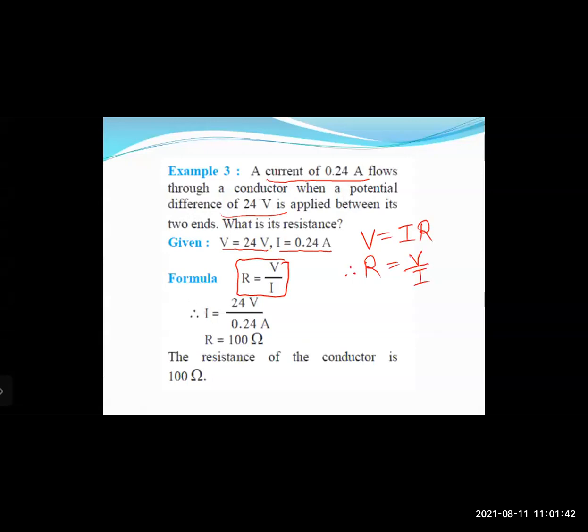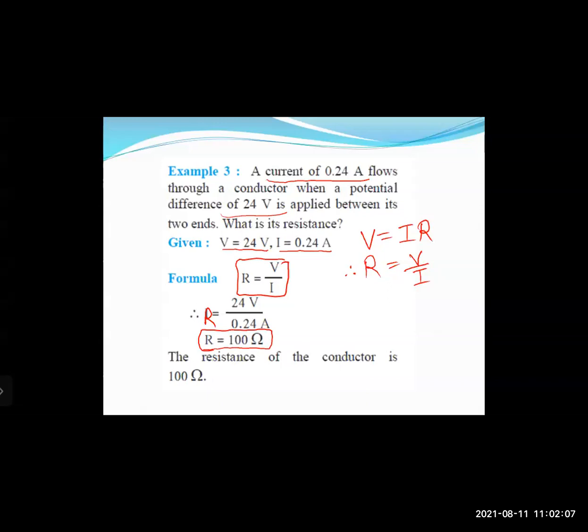Here there is a mistake, this should be R. So R equals V by I. So value of V is 24 volts and value of the current is 0.24 amperes. So 24 divided by 0.24 will be 100 ohms. So you can write the final answer: the resistance of the conductor is 100 ohms. Always remember, make sure you put in the correct units.